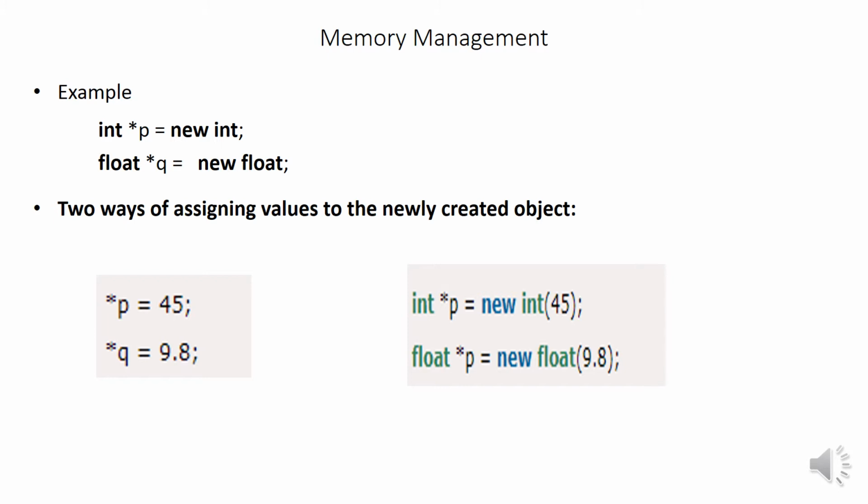So that can also be defined in a different way: int star P, asterisk P is equal to new int 45. There are these two different ways we can assign the values to the newly created object.